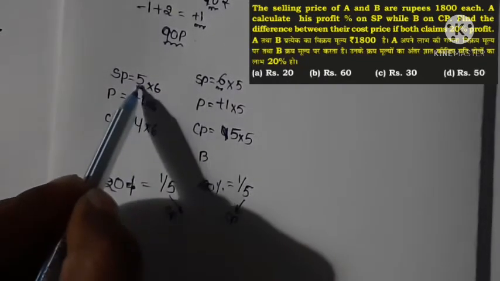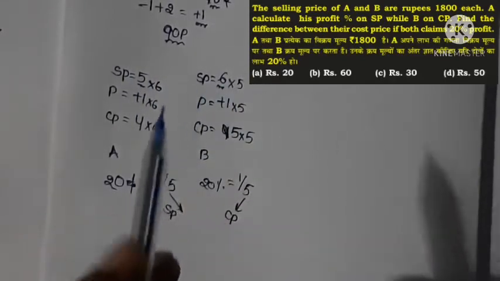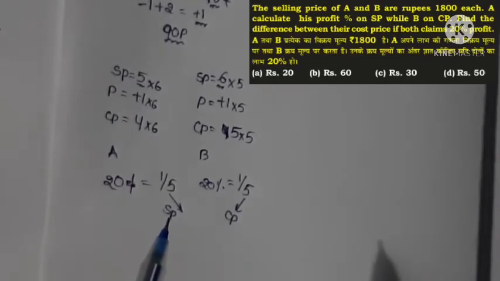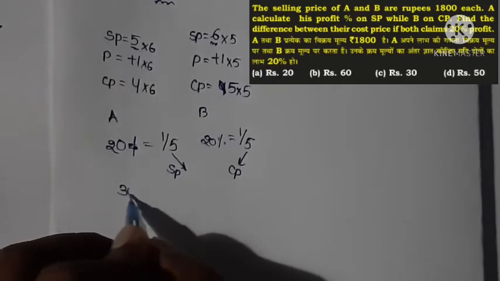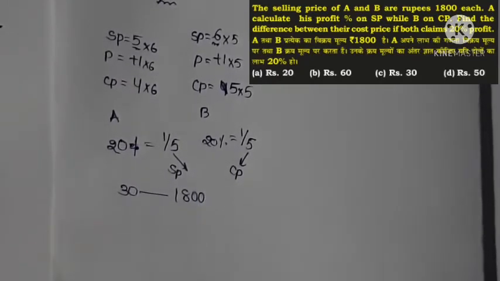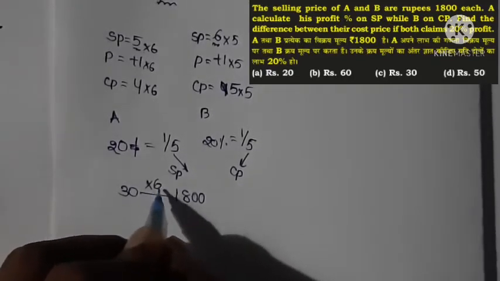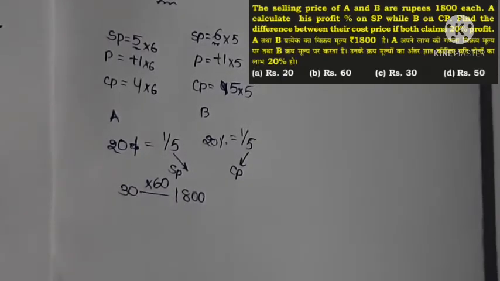Here the selling price is 30. So the selling price of A is 1800 and the selling price of B is 1800. So here 30 units represent 1800. So 1 unit represents 60.